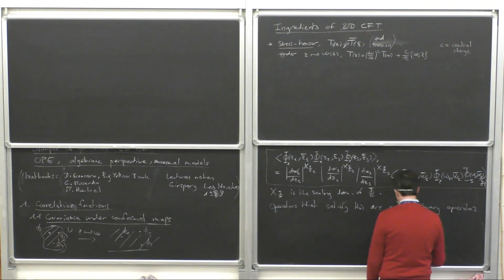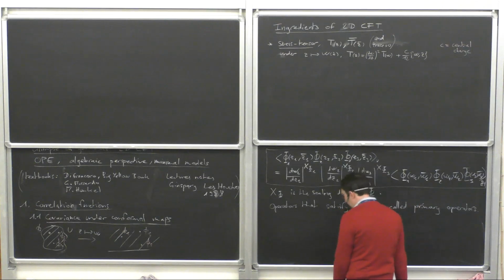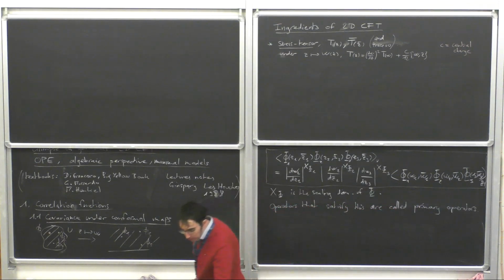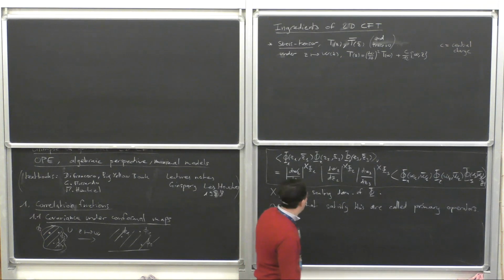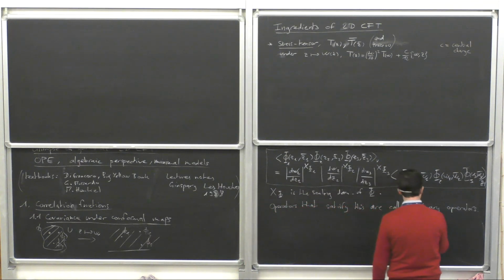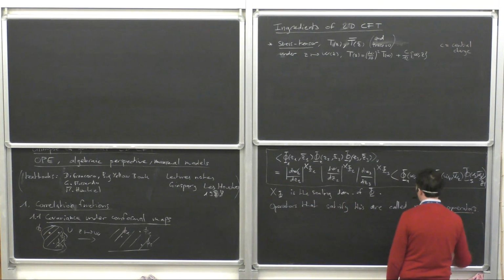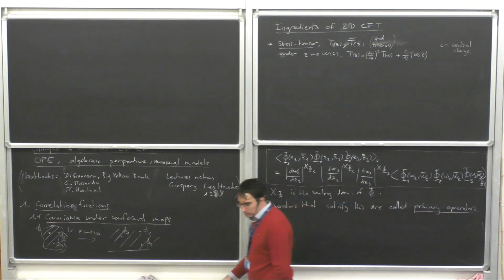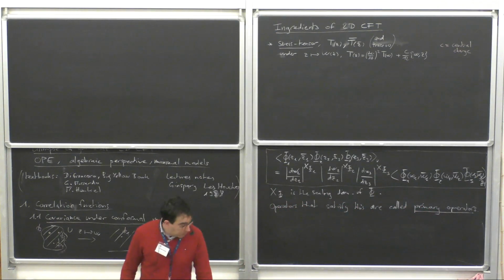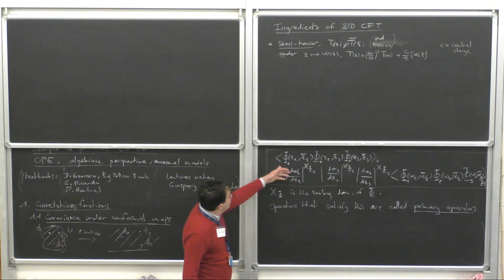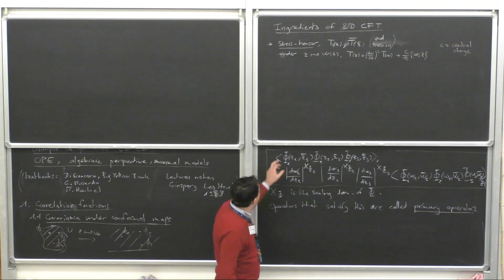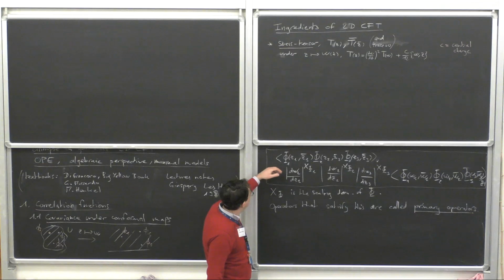And of course, not all operators in the theory can be primary. We have already seen an example of an operator that is not primary. That was the stress tensor. But there are many other examples. One way to find examples of operators that do not transform in this way is just to consider derivatives.